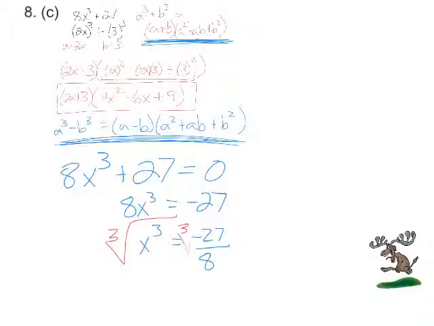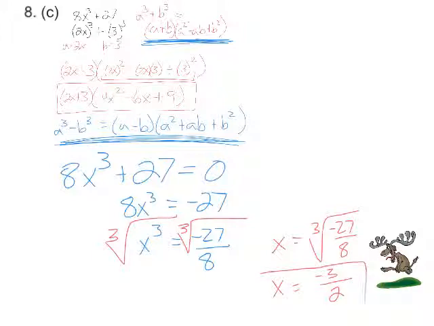And if we do that, what we get is x is equal to the cube root of negative 27/8, which is, let's see, the cube root of 27 is 3, and the cube root of 8 is 2. So there's our answer, negative 3 halves.